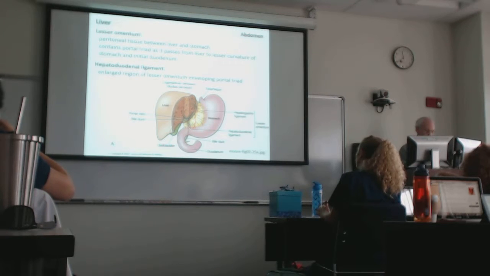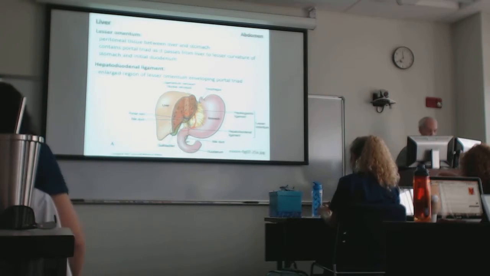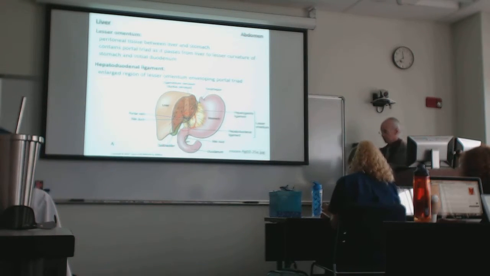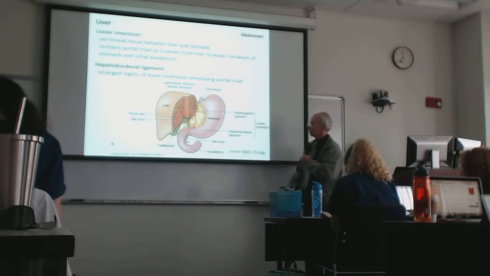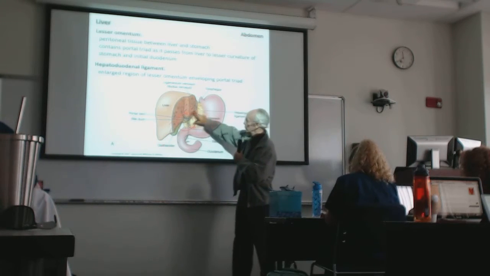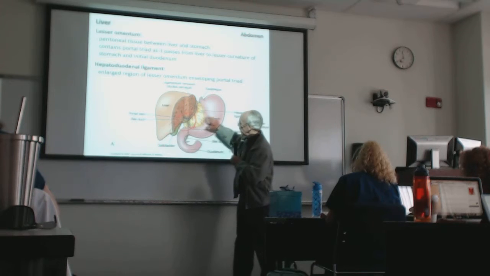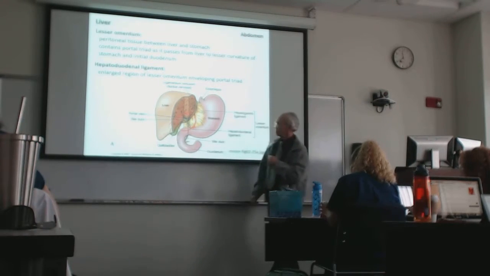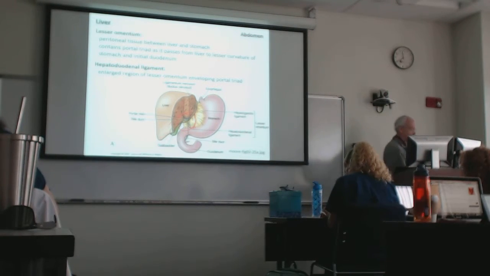And the other thing to keep in mind is the position, because this is going to be so important for not only your anatomical understanding, but for medical procedures. The relative position of the portal triad with respect to the stomach and the liver, going into the hilum or hilus of the liver.